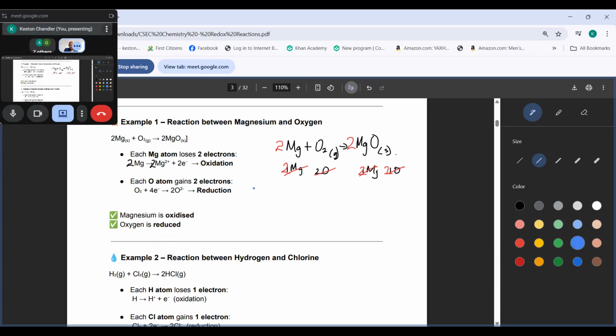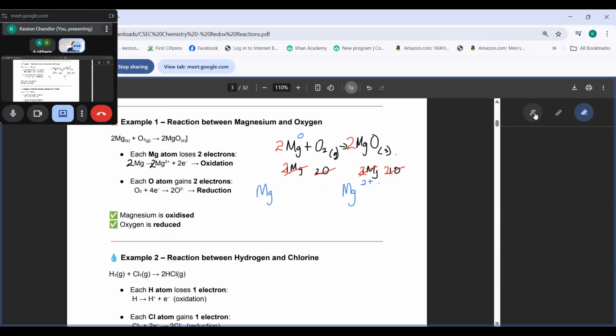Good. Now, when you're looking at either side of the equation, here, magnesium is in its elemental form, meaning that's just a magnesium atom. So its oxidation number, its state, its charge is 0 because we have the same number of electrons and protons. On this side, when it bonds ionically with oxygen, it becomes Mg2+, right? Now that suggests that it lost electrons, right?